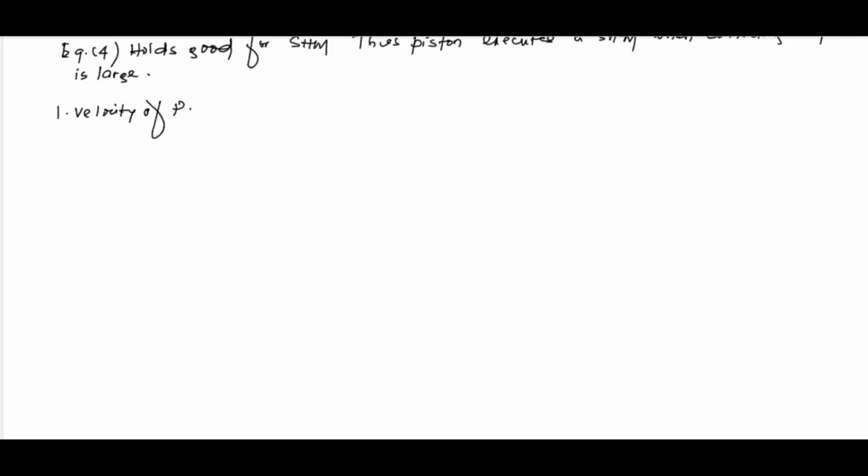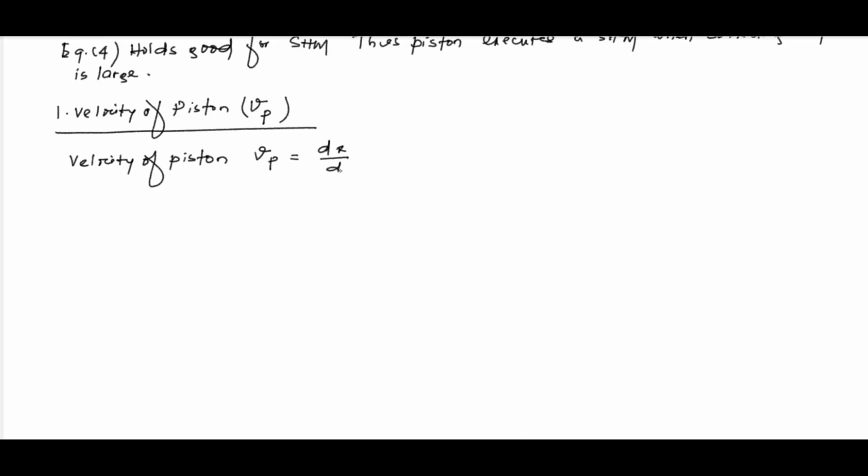of piston, let's say find out this velocity of piston, which is denoted by V subscript P. Okay, this velocity of piston Vp will be equal to dx by dt. So in terms of crank angle, dx by d theta into d theta by dt.